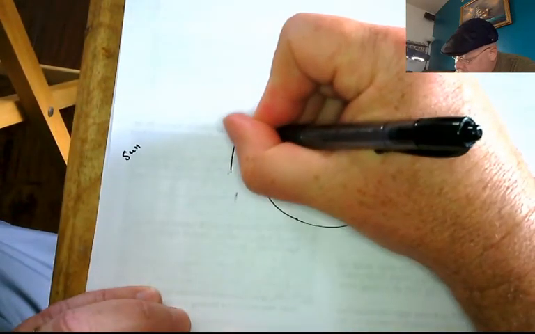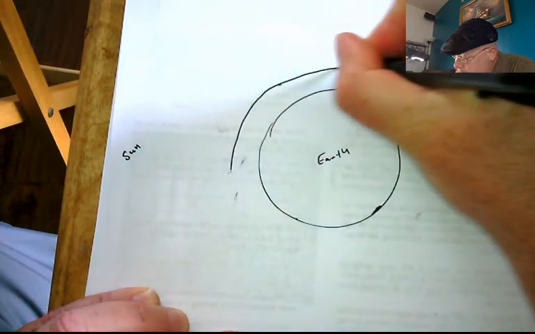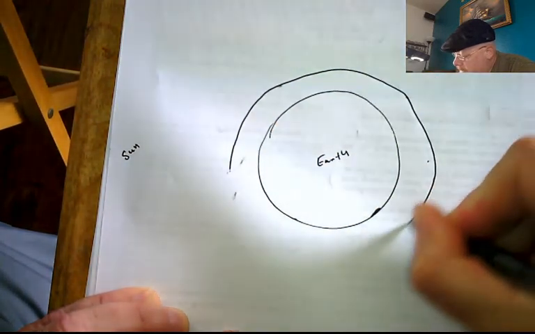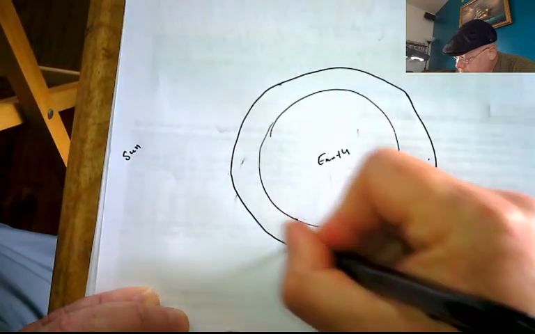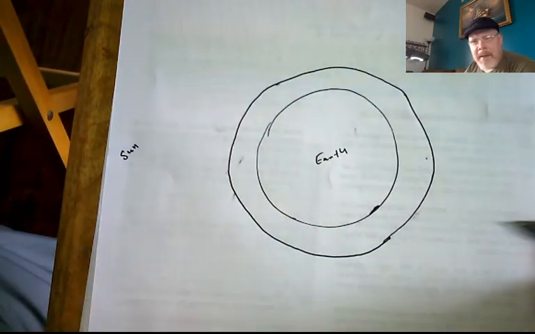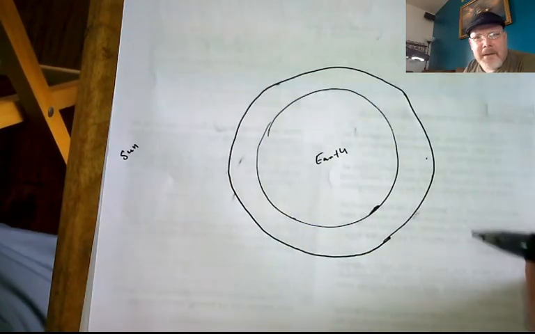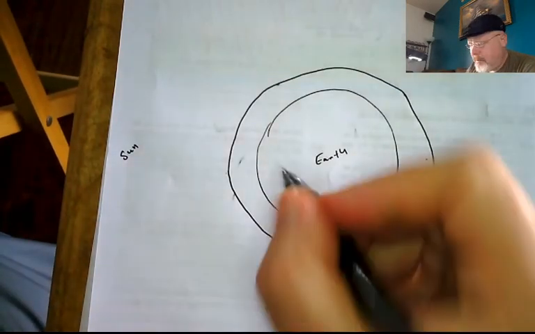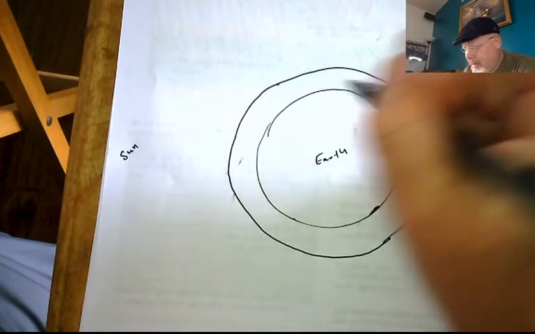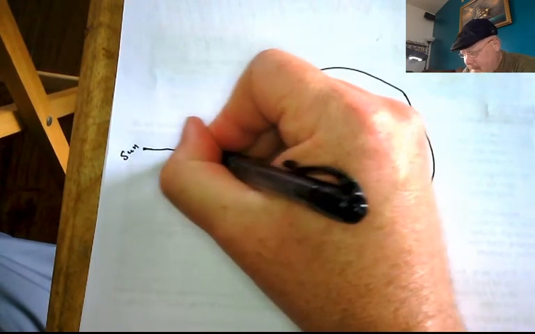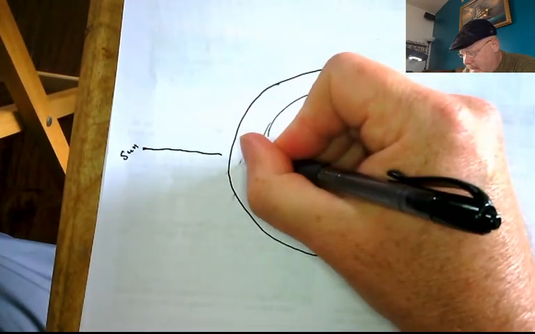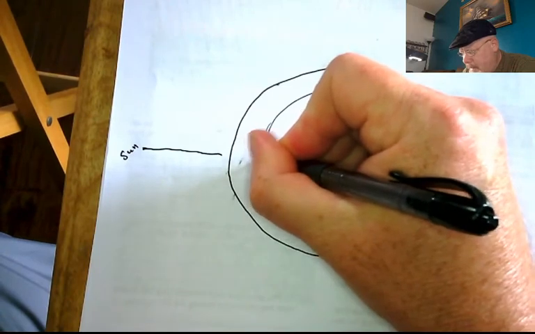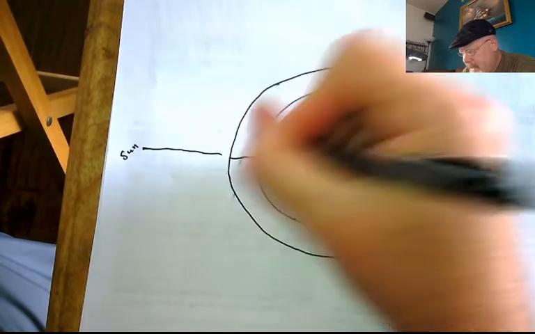I'm going to say that this is the atmosphere that goes around the Earth. Okay. Now that's way too thick. The atmosphere is almost like an eggshell if I were to actually draw that. But if this is the atmosphere that goes to the Earth, here's the sunlight. The sunlight's going to come and hit the Earth. And if you're standing right here on the Earth, you're getting that most direct sunlight.